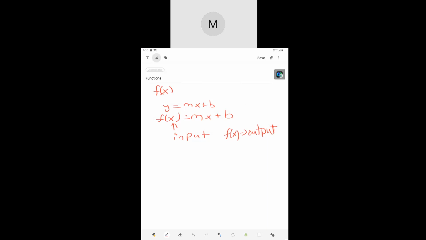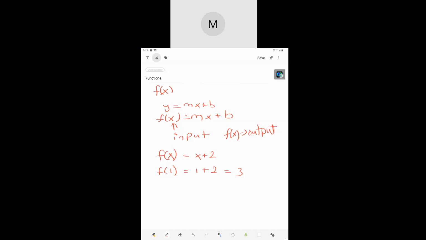So let's say we have a function that's called f of x equals x plus 2. So what do functions do? Let's say I replace the x with 1, then this f of x is equal to 1 plus 2 or 3. So all I did is the x that's in f of x gets replaced everywhere throughout the function.